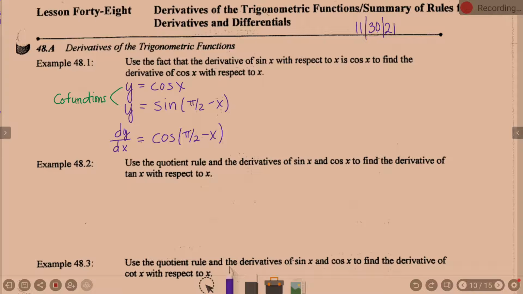And then what else do we need to follow that up with? Times the derivative of that something. What's the derivative of pi over 2 minus x? Pi over 2 is a constant, so there's no derivative there. The derivative of a negative x is negative 1. Which is why it's negative.